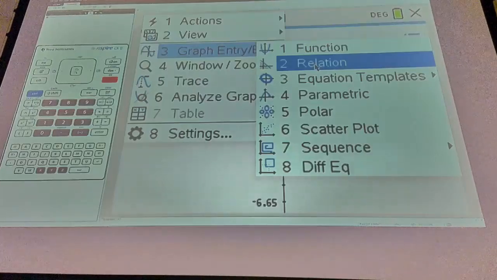Does the TI-83 and 84 do relations? I don't think so. Don't think it does. That is not hard. Mine does. Really nice.